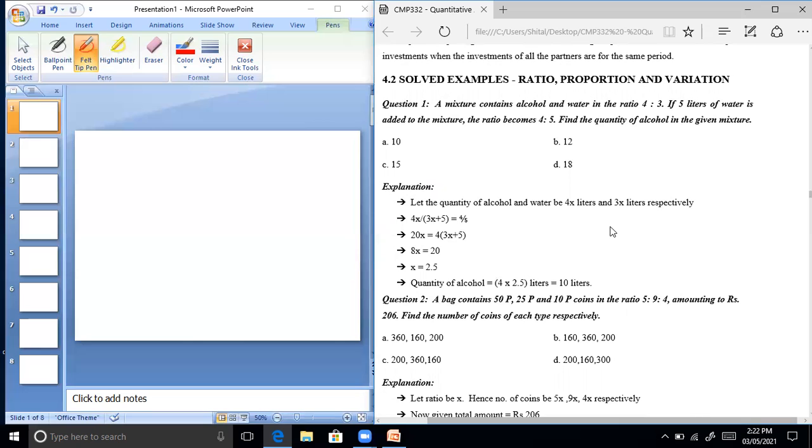Here you can see some options are given. Let the quantity of alcohol and water be 4x liters and 3x liters respectively.